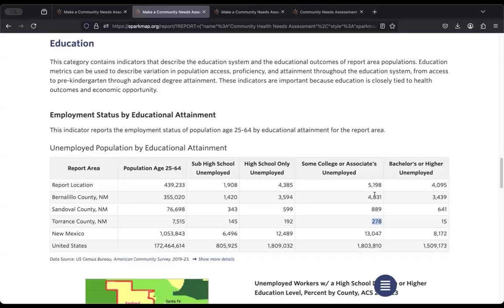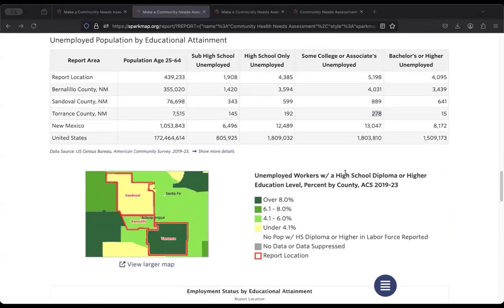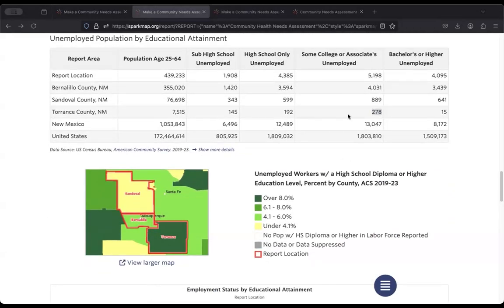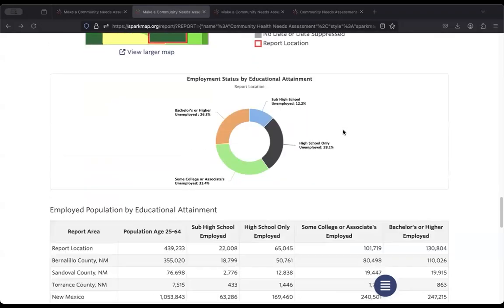They're probably not working in high tech, high skilled jobs, but they also have more than a high school diploma, so they're probably not looking for minimum wage service worker jobs. They are those middle skills, right? And so we already see a lot of folks in that area who are not employed. That would be an area where more jobs are needed, and maybe even more of those folks that fall into that federal workforce might fall as well.